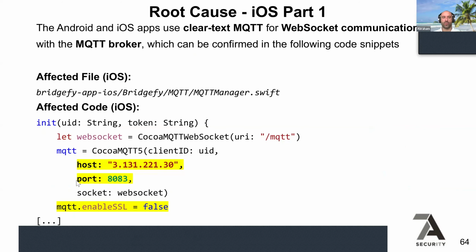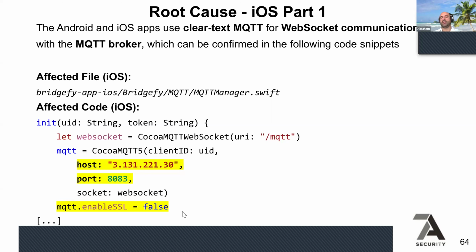So the root cause was that they were using MQTT like this. Now, this is true for any protocol, right? It could also happen with XML, XMPP, or any other protocol, even in an email application, like POP3 or something like that. All those protocols can be tunneled through SSL, but in this case, it wasn't. You can see enable SSL is set to false.